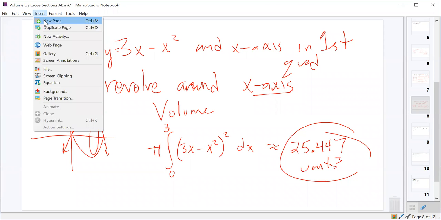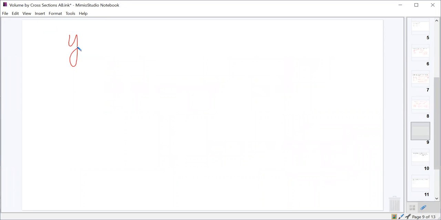This one I'm going to have you guys do completely on your own. Let's take the function y equals 1 plus ln x, and we'll say the region between that and the vertical lines x equals 1 and x equals 4.